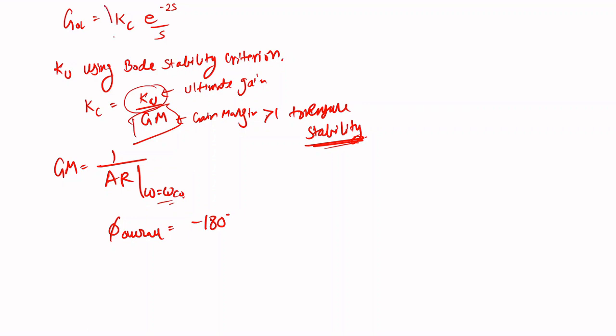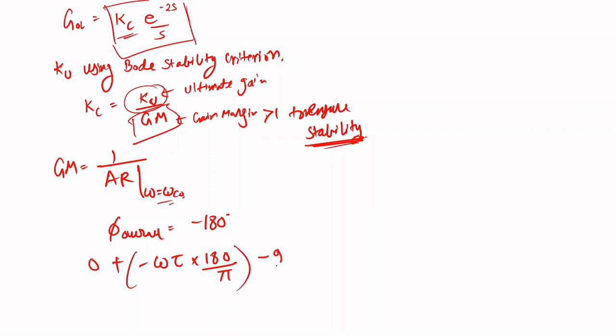So for this given transfer function, we can write the overall phase lag as, for this Kc, it will be simply 0. For e raised to minus of omega tau, it will be simply minus of omega tau, and we need to convert it into degrees, so it will become minus of omega tau into 180 upon pi, and for this 1 upon s, the phase lag will be minus of 90 degree.